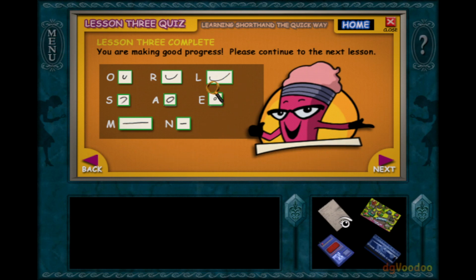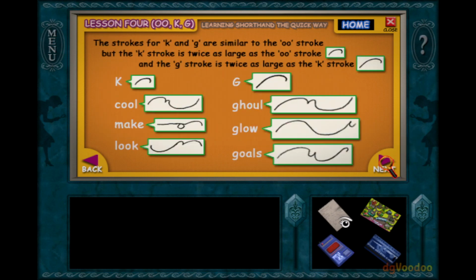Glowly? No, can't be. Because that's not a word.